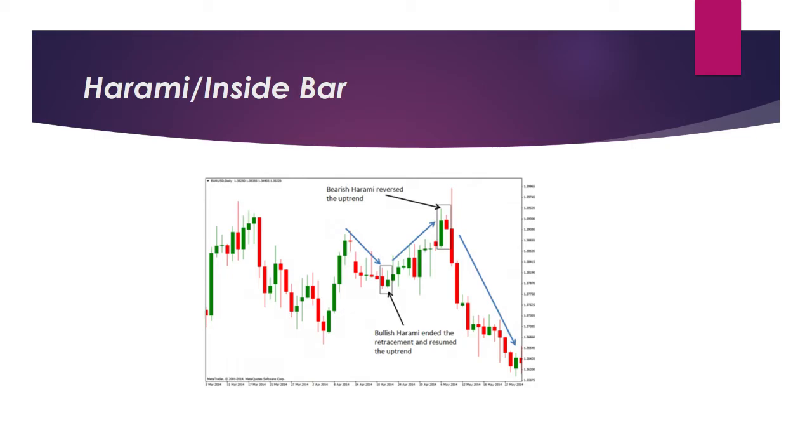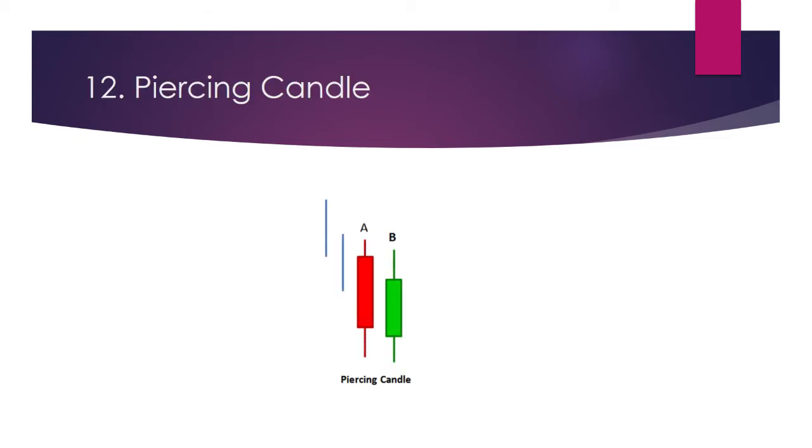All right, let's wrap these things up right here. We only got a few more to go. Here we go. Coming to the piercing candle. A piercing pattern is a bullish reversal signal that occurs in an established downtrend.